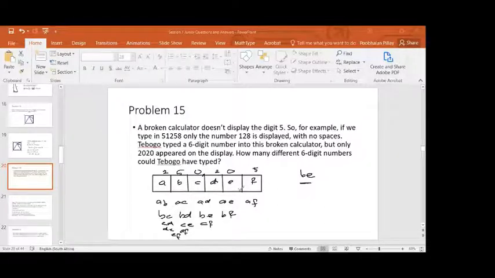Now that exhausts all the possible ways in which you can choose two letters from 6. Here you got 5 plus, this way you got 4 plus 3 plus 2 plus 1, right? So interestingly, the total number of ways is 1 plus 2 plus 3 plus 4 plus 5.